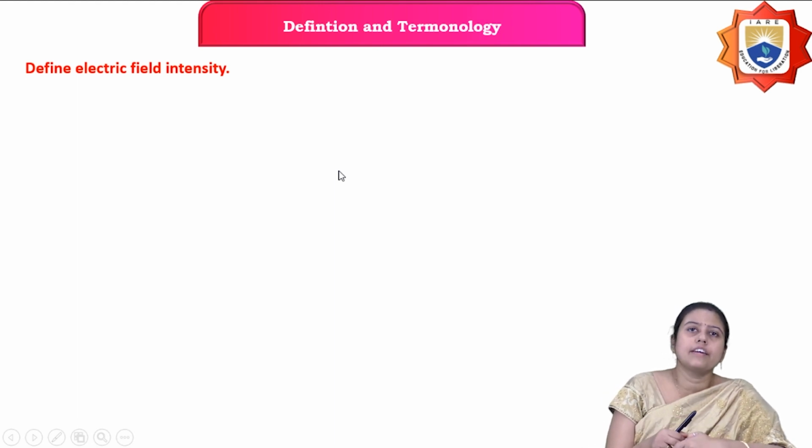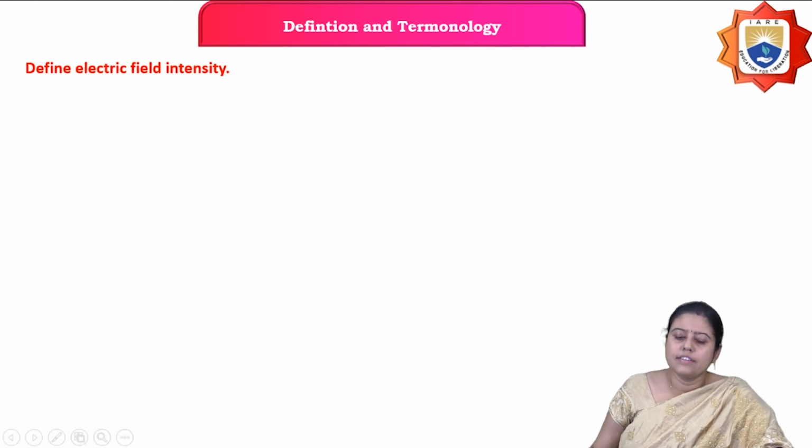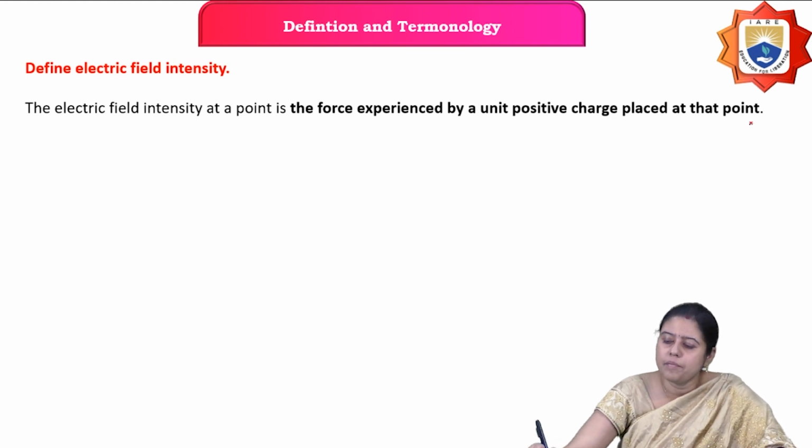Define the electric field intensity. The definition of electric field intensity is a very basic question in electrostatic fields. What is electric field intensity? The electric field intensity at a point is the force experienced by a unit positive charge placed at the point.